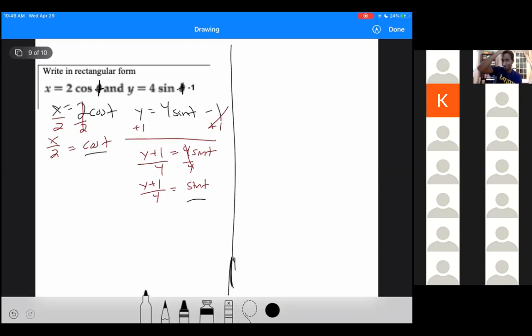No? Okay, it's all right. It's cosine squared of theta plus sine squared of theta equals 1. That was a trig identity we learned. And then we use substitution.